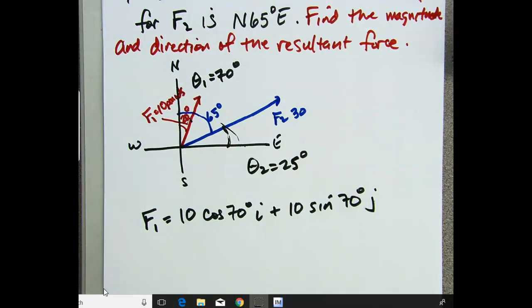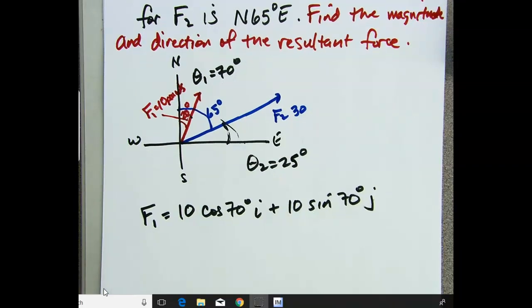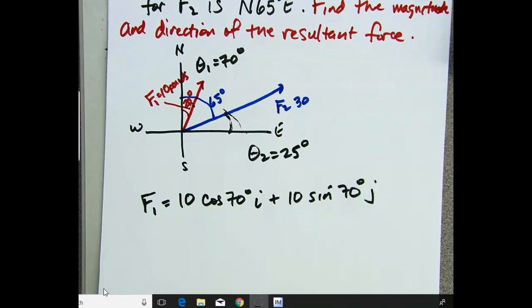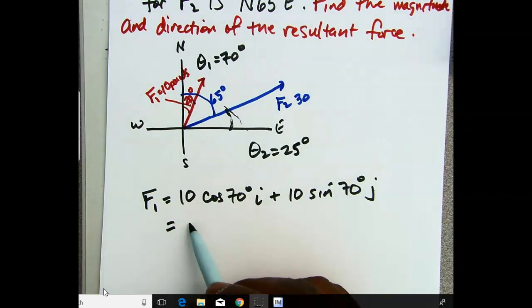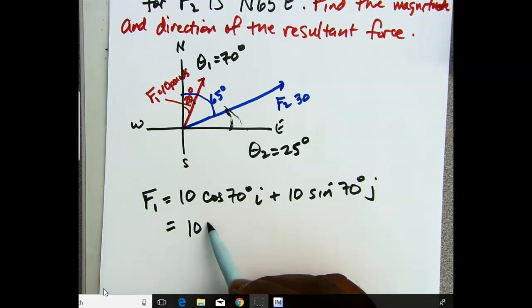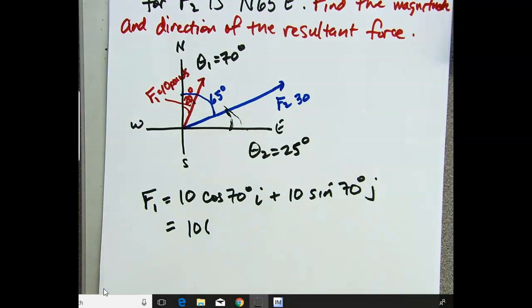Do you guys have calculators? Because 70 degrees is not on our unit circle. Well, they can use their phones as a calculator.